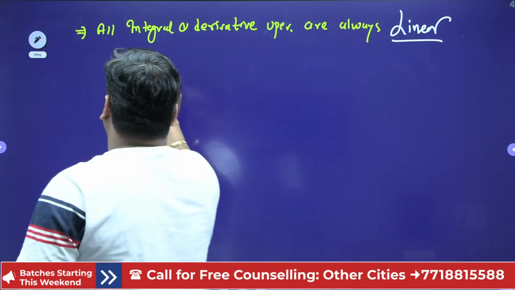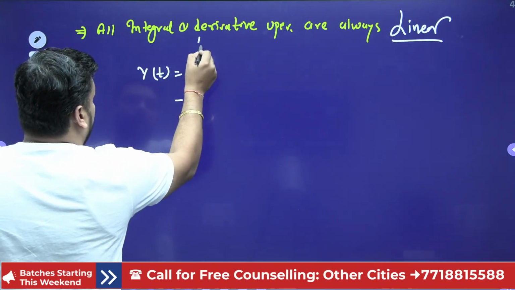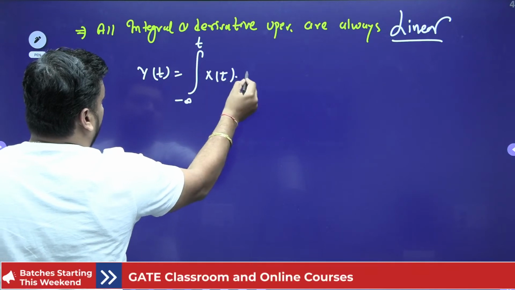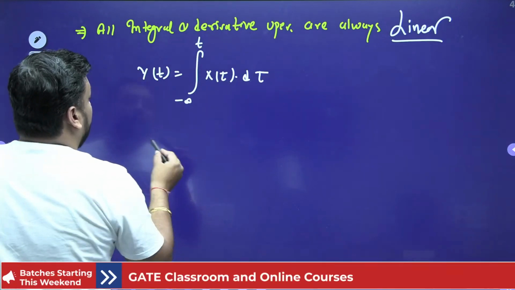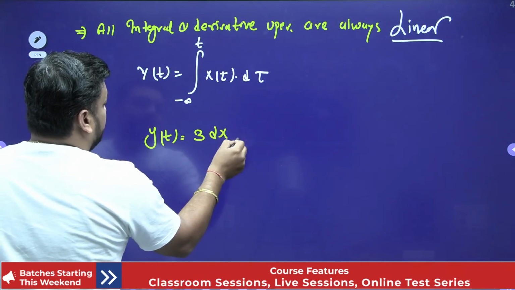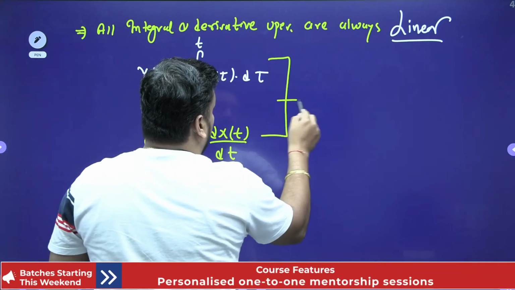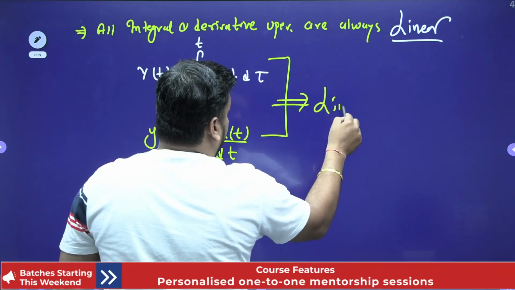It means, for example, y(t) equal to integral from minus infinity to t of x(tau) d tau is always linear, and y(t) equal to 3 dx(t) upon dt is linear only. So both are linear only.